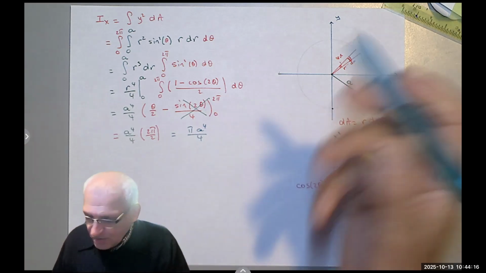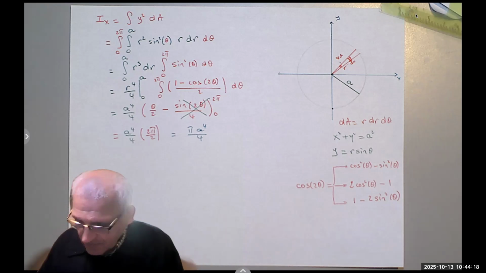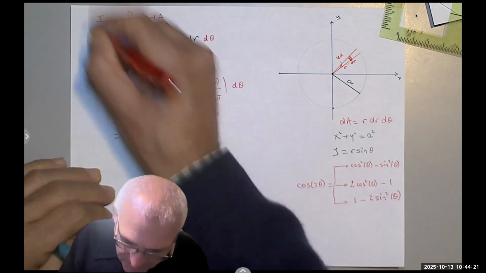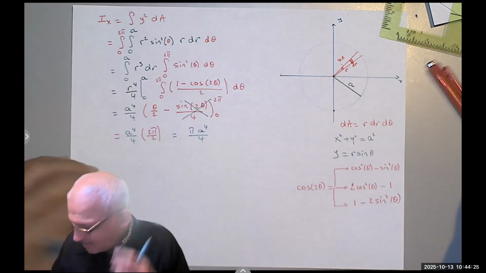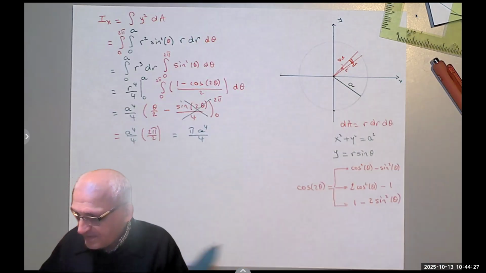Okay, so to complete our work, we can call that Ixc, right? It's the same because the centroid passes through the x-axis.